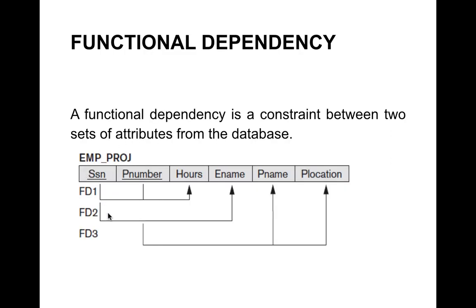Let's take FD2 itself. Say SSN 1 gives name XYZ. If there occurs another SSN with value 1, the name ename should be XYZ.